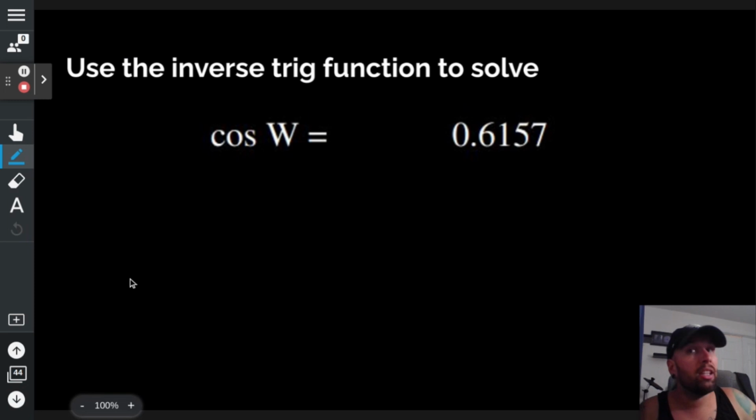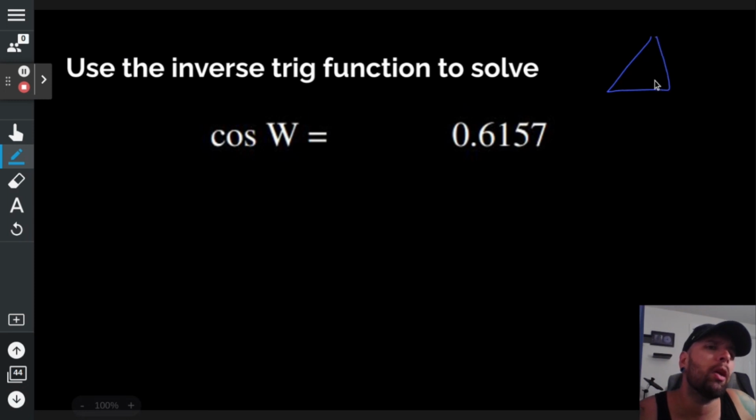Now, this is how we would do it. Let's say that I want to find the angle measure. Let's say that I give you a right triangle and I say, find the measure of W, and you do a similar process to what we just did, where you have a letter over a letter, or a number over a number, and now you need to get W all by itself. If you want to get an angle all by itself, what you need to do is something called the inverse trigonometric function.